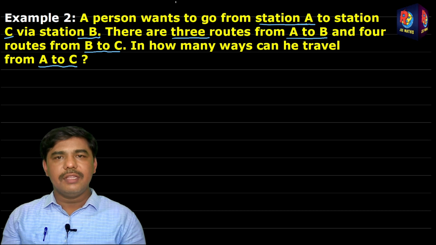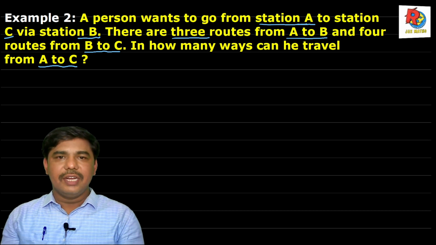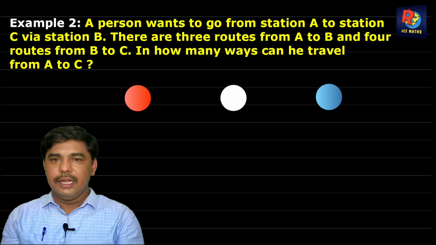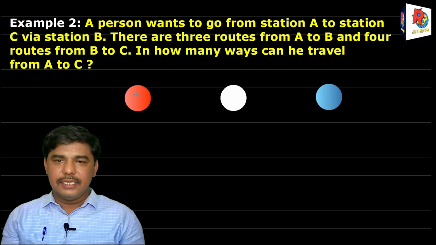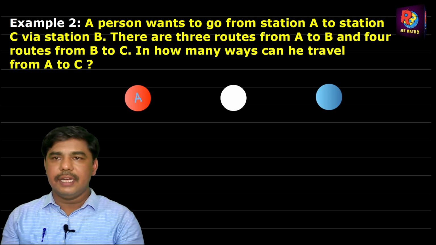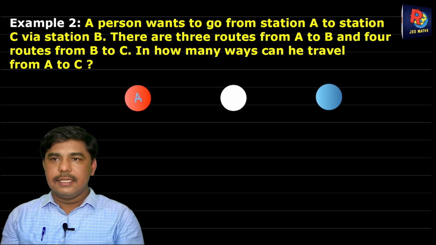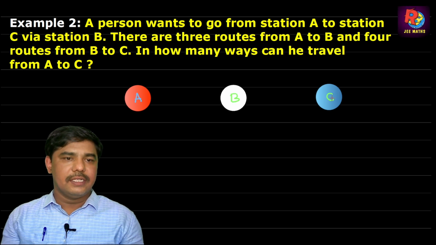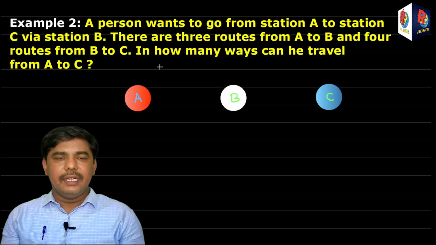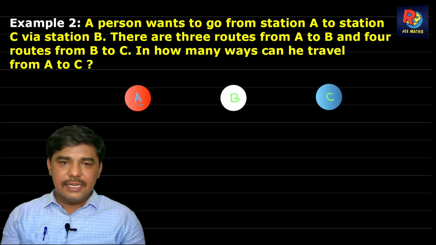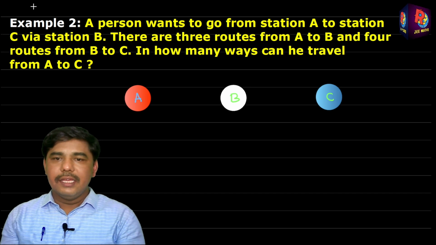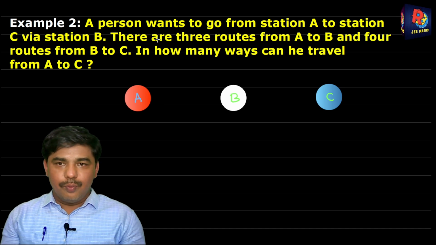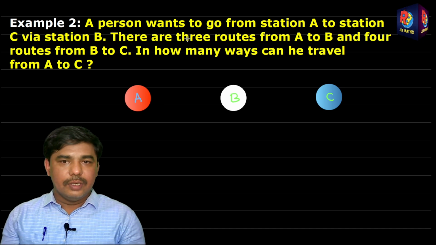If you draw one diagram, then you can understand clearly. Let us assume that this is station A, this is station B, and this is station C. Clearly, from station A to station B, he has 3 routes.